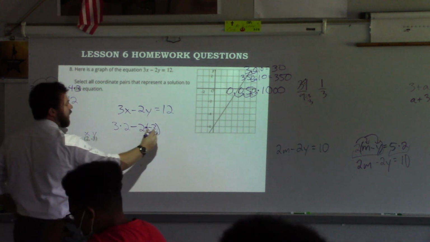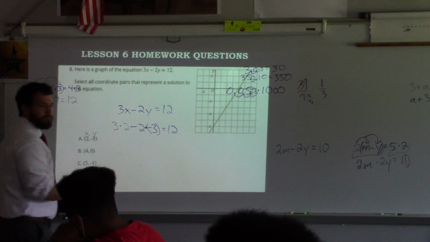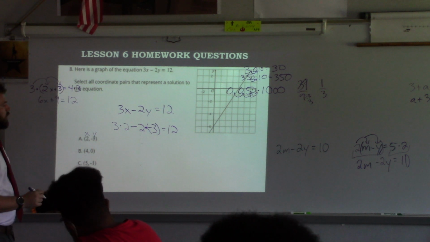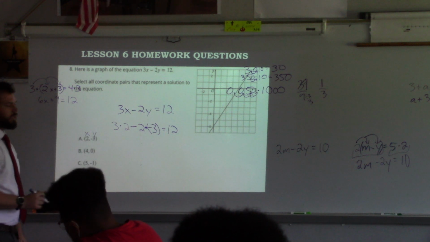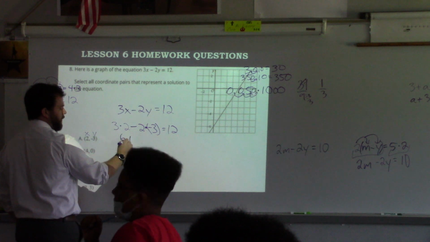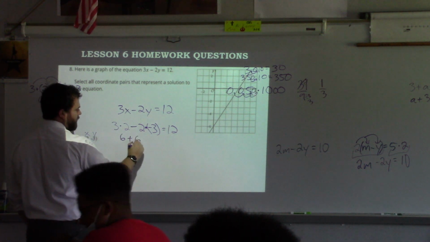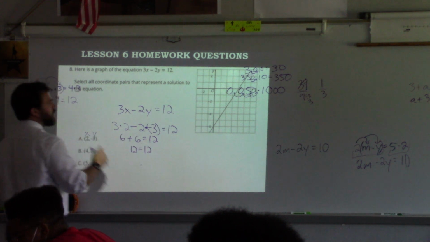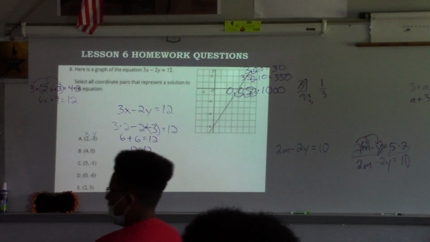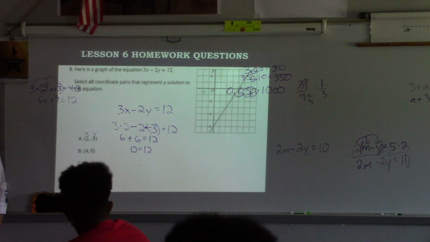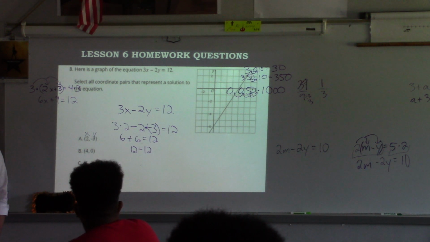What is 3 times 2? 6. And when I multiply a negative times a negative, I get a positive, so plus 6, which is 12. So what is the question asking? What coordinates can represent a solution to the equation?